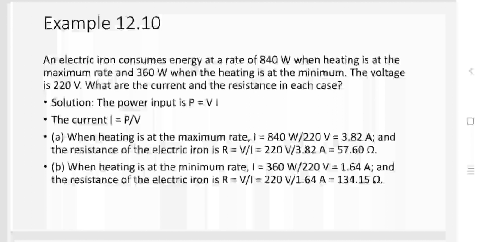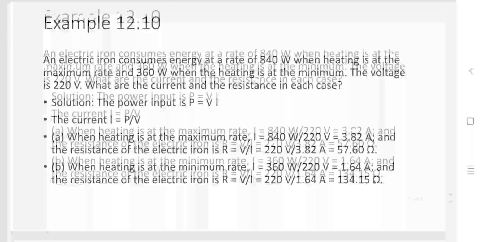The voltage remains the same, 220 volt. So I equals P by V. P is 360 watt, voltage is 220 volt. So my current value is 1.64 ampere. And R is V by I. V is 220 volt, and the current we calculated is 1.64 ampere. So the resistance value would be 134.50 ohm.